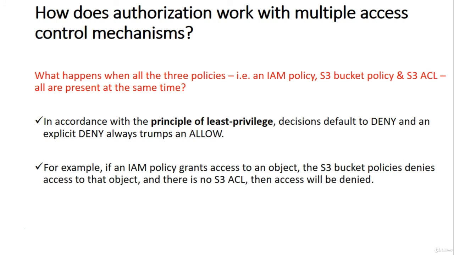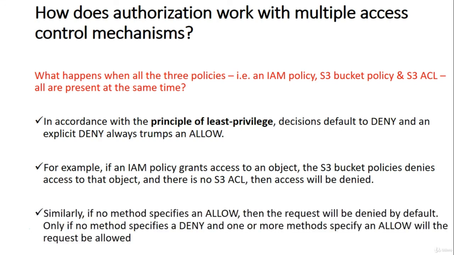For example, if an IAM policy grants access to an object, the S3 bucket policy denies access to the object, and there is no S3 ACL, then access will be denied. Similarly, if no method specifies an allow, then the request will be denied by default. Only if no method specifies a deny and one or more methods specify an allow will the request be allowed.